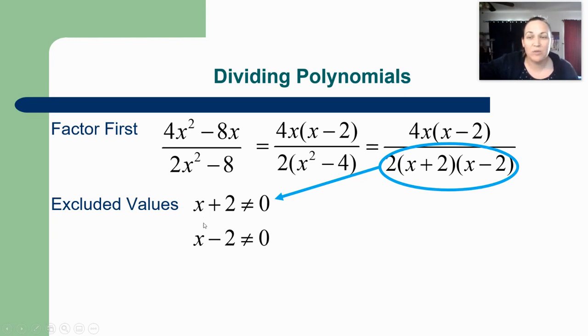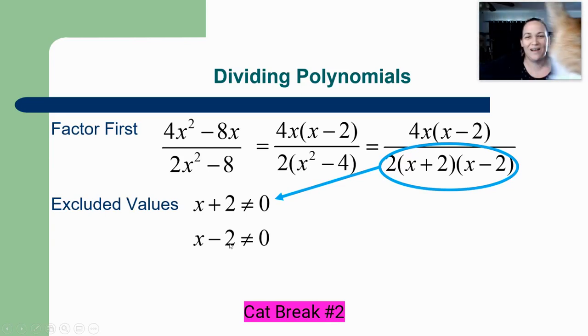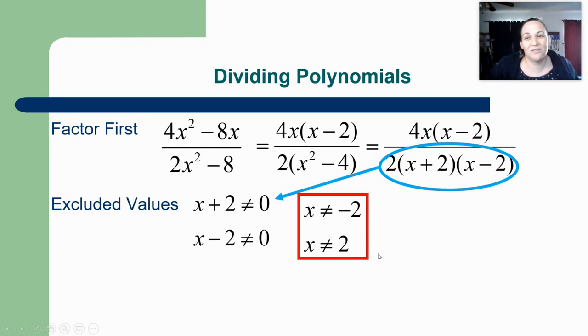Once you have set each parentheses not equal to 0, then you will solve for x. So on the first one, I would subtract 2 to the other side. And on the second one, I would add 2 to the other side. And so my two excluded values are x cannot equal -2, and x cannot equal +2.